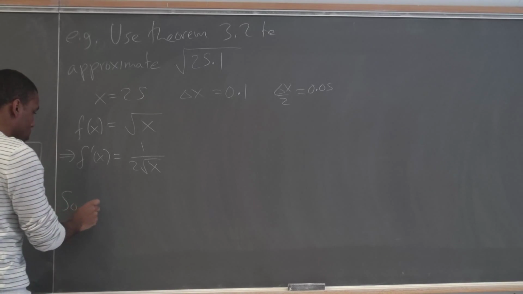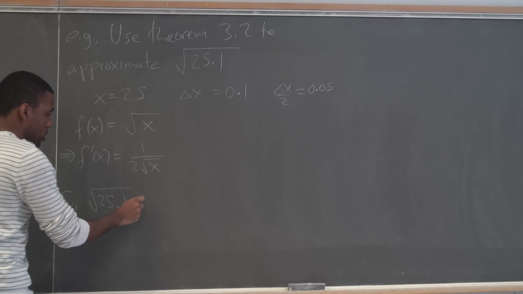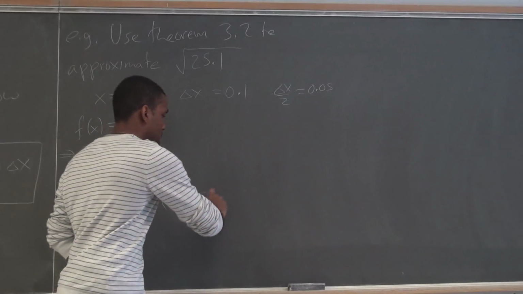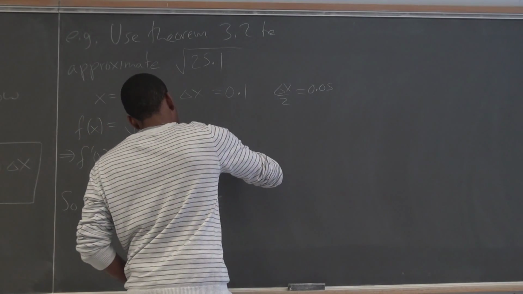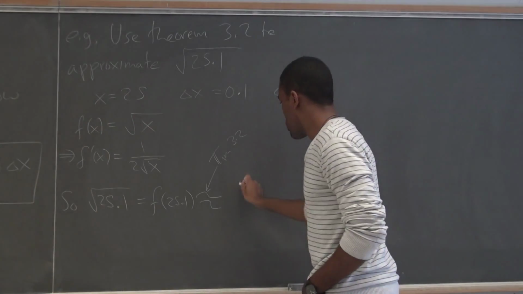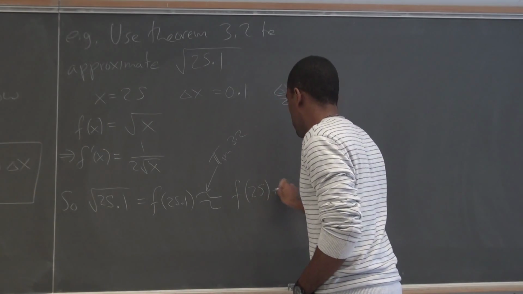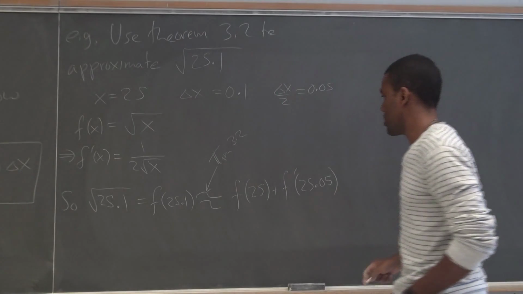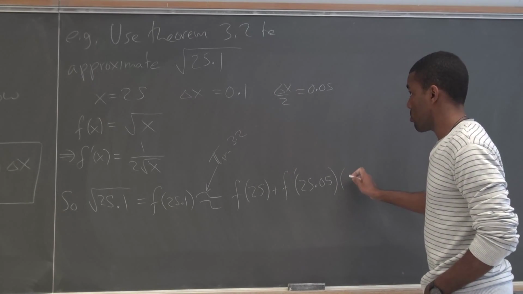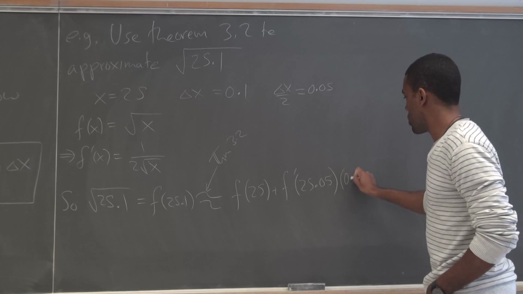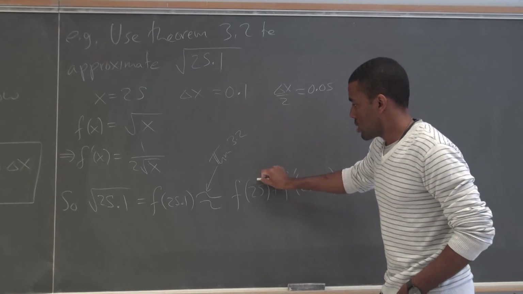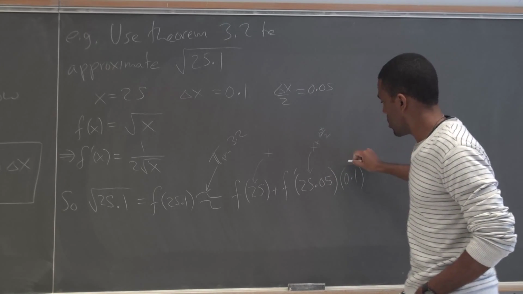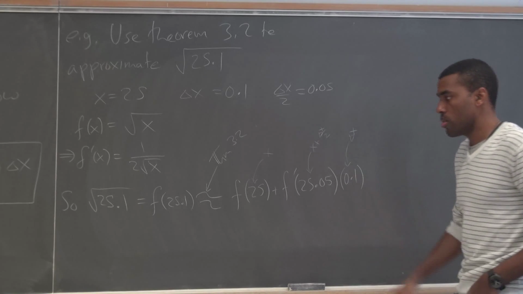And so radical of 25.1 is actually just f of 25.1, which by theorem 3.2 is approximately equal to f of 25 plus f prime of 25.05 times delta x, which is 0.1. Right? So here, this is x. Here, this is x plus delta x over 2. Here, this is your delta x.